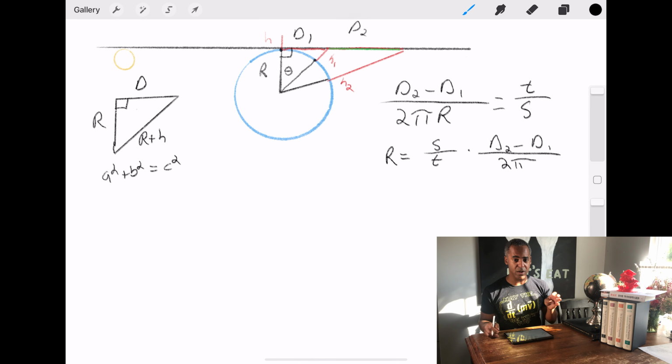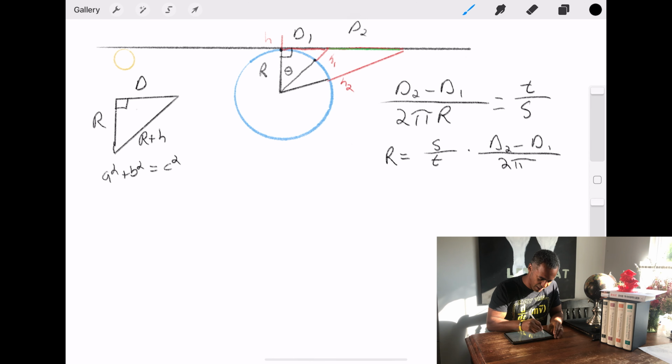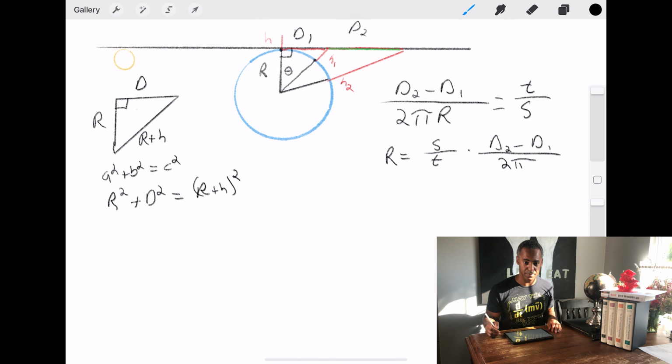In other words, the sum of the squares of the two sides is equal to the square of the hypotenuse. And here, r and d are a and b, and r plus h is our hypotenuse. So we can just rewrite this with the Pythagorean theorem: r squared plus d squared is equal to (r plus h) squared.